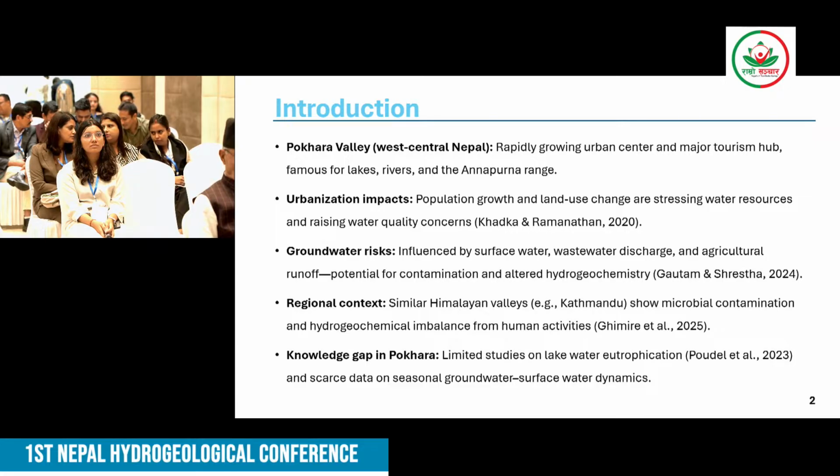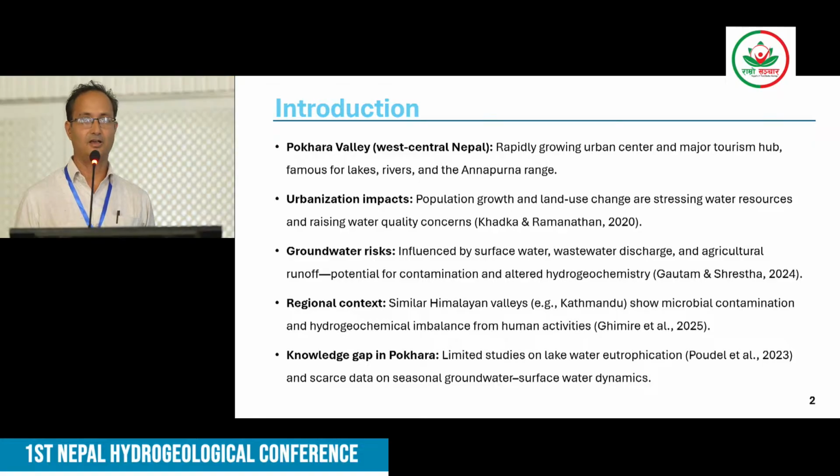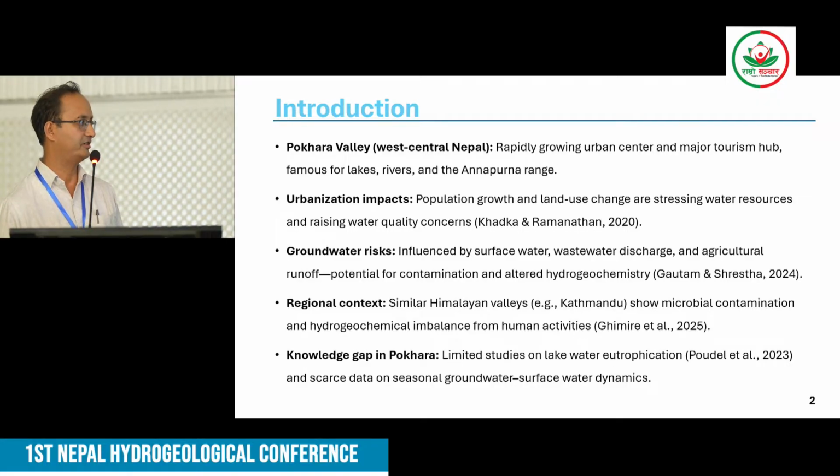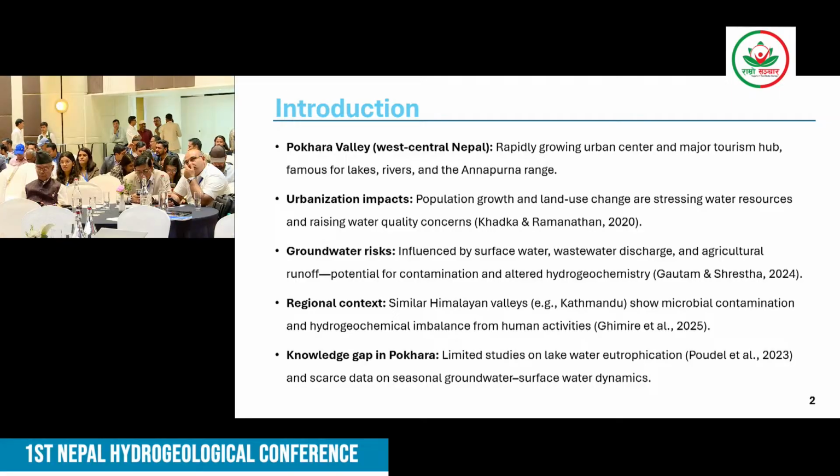So that is degrading the water sources also. Not only in Pokhara, even in Nepal, in Kathmandu Valley and many other places, we have this kind of issue of the impact of urbanization and environmental stress on the water resources.